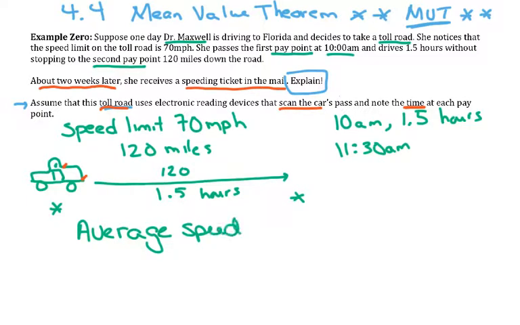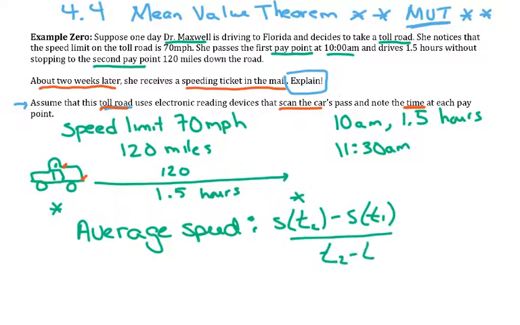Average speed, remember, is the change in position. So this would be, let's just call it T2 minus T1 over the change in time. And we already know what the change in position was. It's 120 miles over the change in time, 1.5 hours.